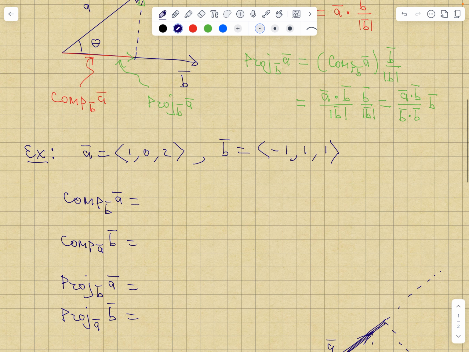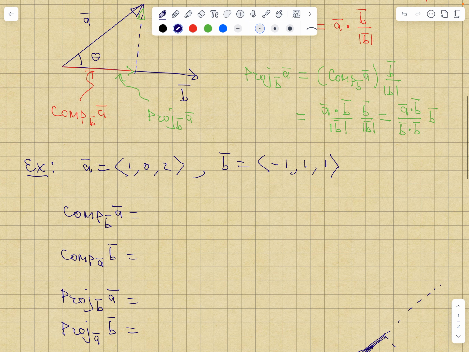Okay, so let's do comp. So comp A onto B is A dot B divided by the magnitude of b. So a dot b is 1 times minus 1 plus 0 times 1 plus 2 times 1.